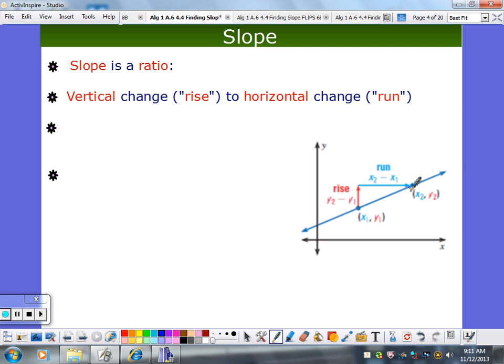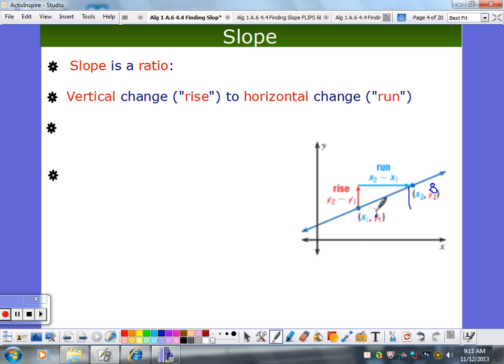Now, I know I have to find a height. So the height between these 2 points, if you look at the y2 and you look at the y1, how do you get that? Let's pretend that the height of this one, the y value, is 8, and the height of this one was 3. Let's work it out.